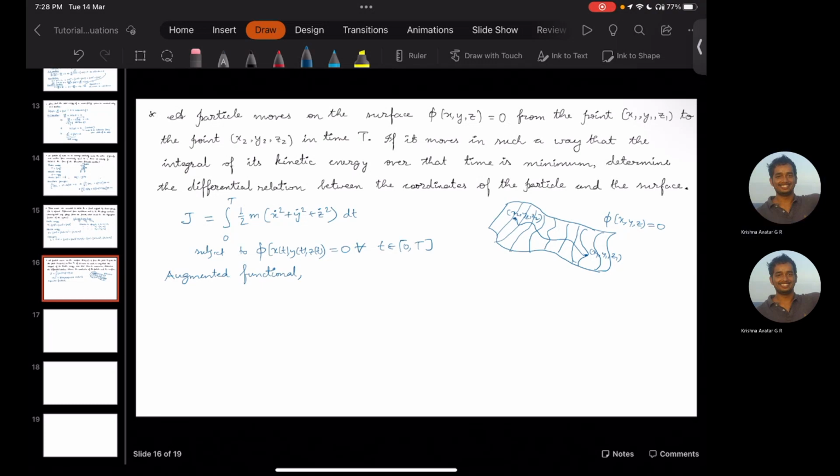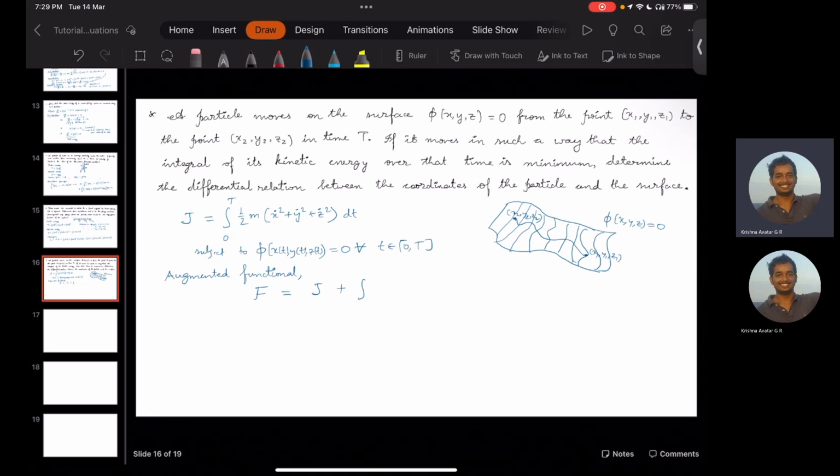Okay. We construct an augmented functional, which I'll call capital F, equal to the integral from 0 to t of j plus... Now this holonomic constraint has to be satisfied for all t, right?